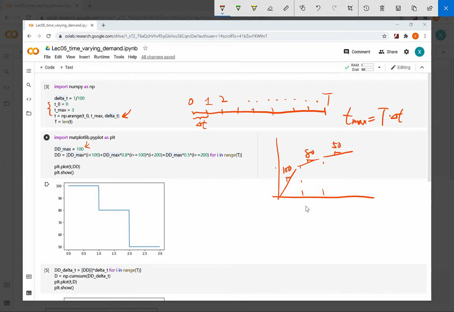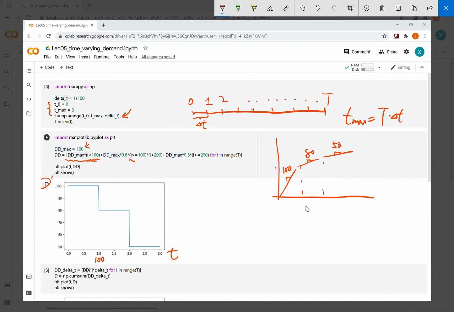So to achieve this, we provide 3 pieces for the demand rate, which is given by this figure. We use the small trick of Boolean algebra. As we discretize the time axis into 0.01, when t is smaller than 1, that indicates our index is around 100. So we can use 100 times the Boolean expression that our index is smaller than 100 to activate the expression for the first piece.